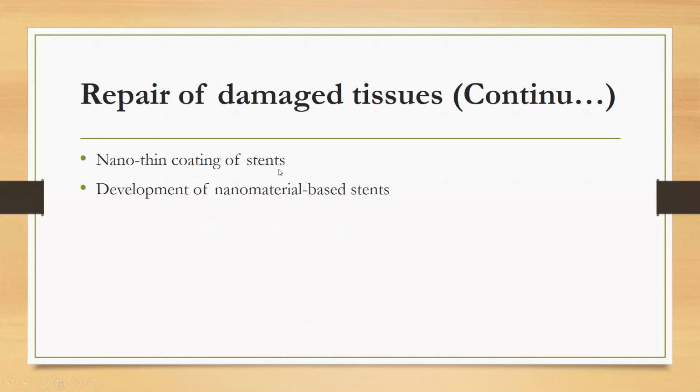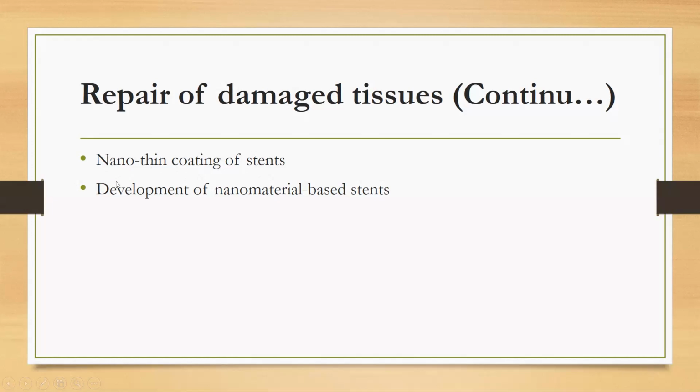So in order to avoid all those problems that are associated with the placement of the stents in the blood system, we can do a nano thin coating of the stents. So once this nano thin coating is done, all those problems that could arise by using uncoated stents could be avoided.